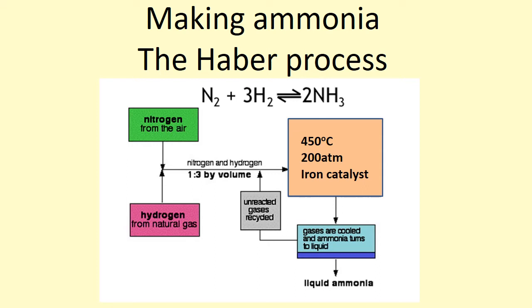It goes into the reaction vessel at 450 degrees Celsius, 200 atmospheres, and has an iron catalyst present. We can then see that the gases are cooled, so the ammonia turns to liquid and is tapped off, and then the unreacted gases cycle back in.